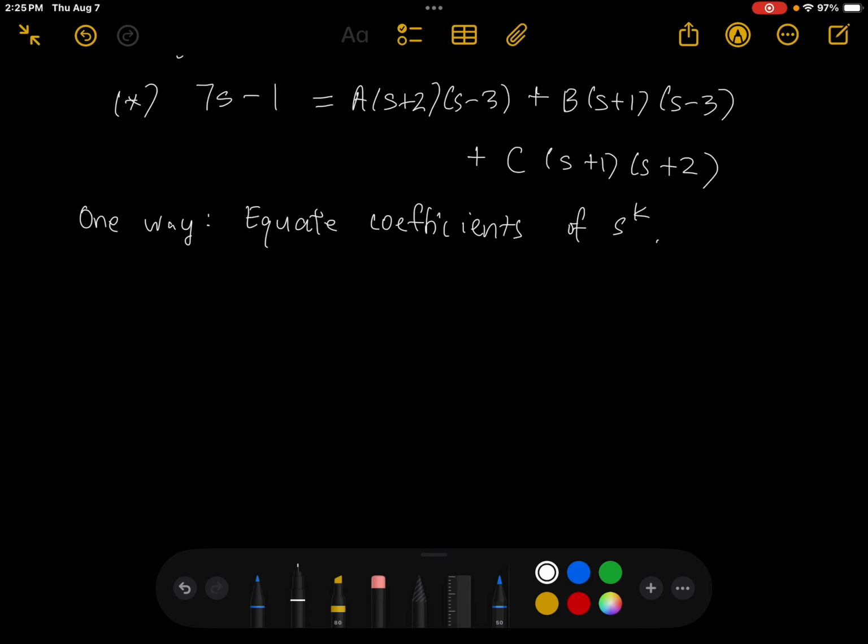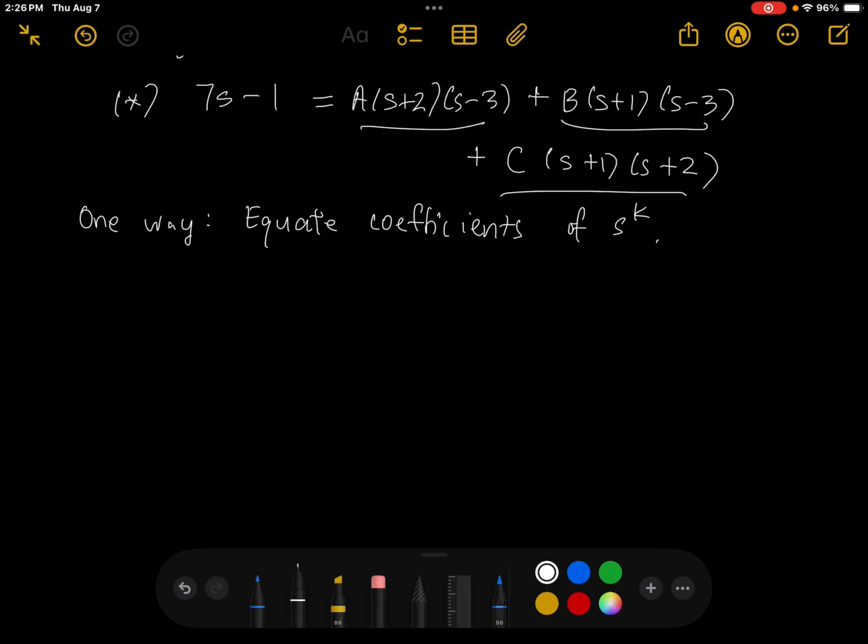So if you look at the right-hand side, if you distribute the whole thing, and I'm going to skip this step, but just imagine multiplying this out, multiplying that out, multiplying that out, and then combining the like terms, which at this point I'm assuming you know how to do, so I'm not going to go over how to do it.